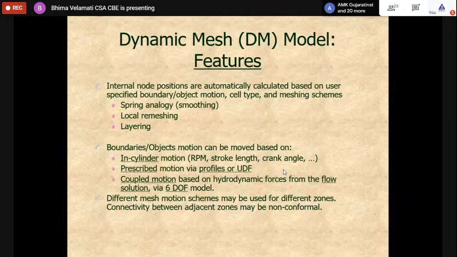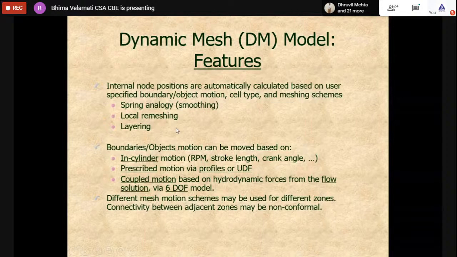In the dynamic mesh motion model, you have several algorithms to make the mesh move. These are three standard approaches that are available: spring analogy, local remeshing, and layering. Spring analogy is very easy to understand. If I compress, the spring will get compressed. Similarly, if I have a piston alignment and I move up, the volume of my fluid inside the cylinder would reduce, so the mesh also will get compressed like a spring.